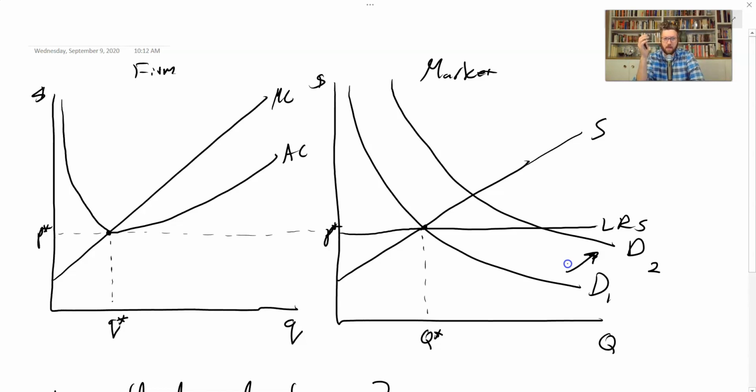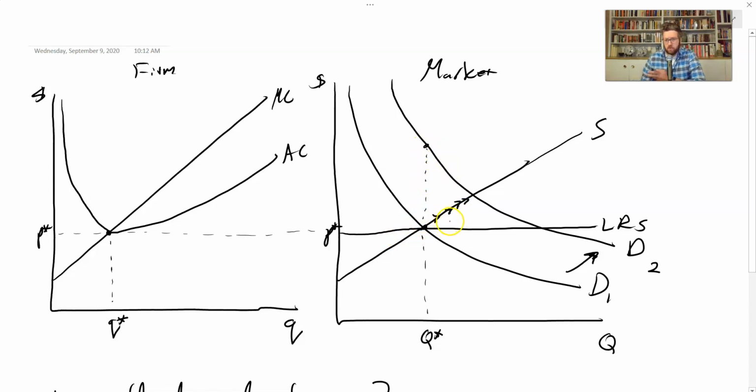So what happens? Well, in the short run, new firms and businesses don't enter or exit. Okay, in the short run, supply and demand, as written here, equilibrate. The price rises because people now, at this quantity, are willing to pay a lot more for the good.